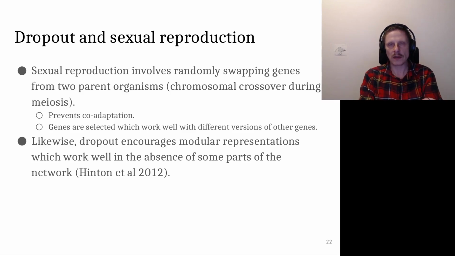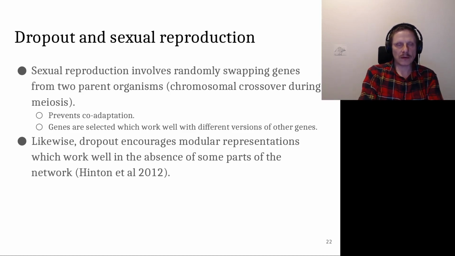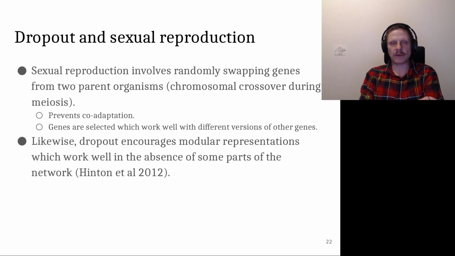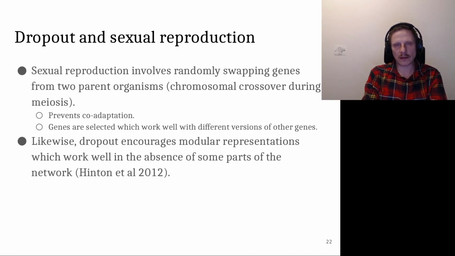This happens during chromosomal crossover during meiosis, and the effect is that it prevents co-adaptation, in the sense that genes need to be able to work with different versions of other genes, different alleles, because at each generation they could end up in the genome with other versions, and so they have to still be able to function in a reasonable way.